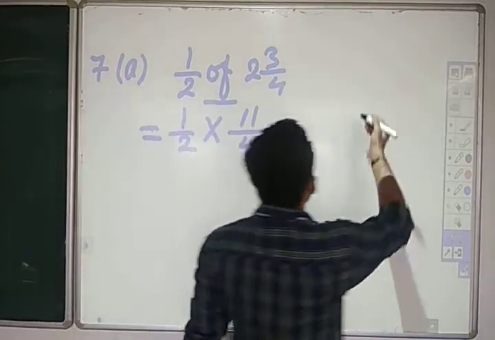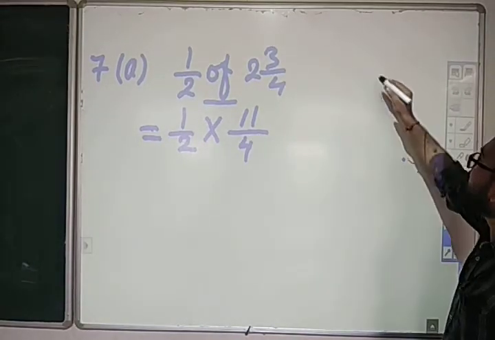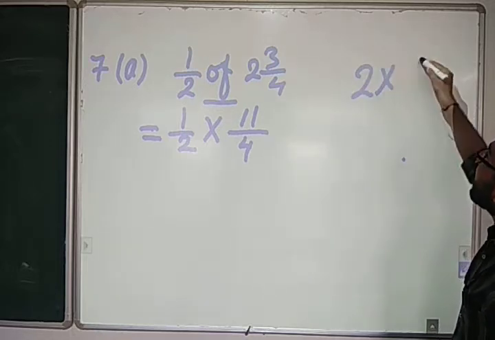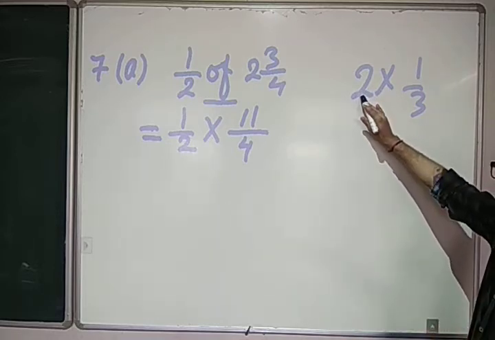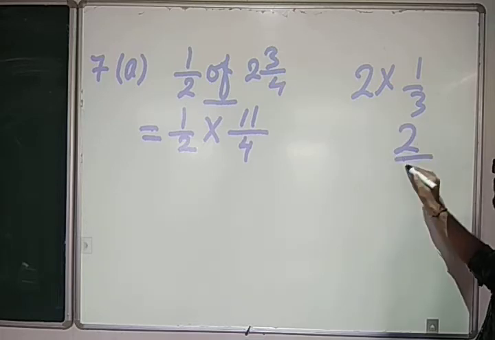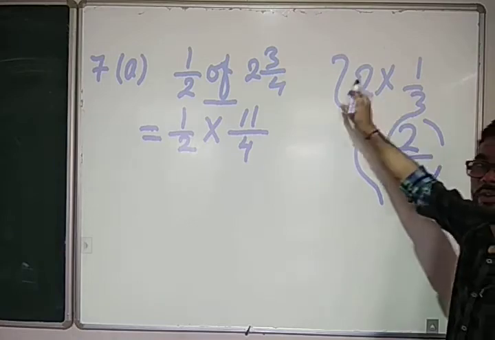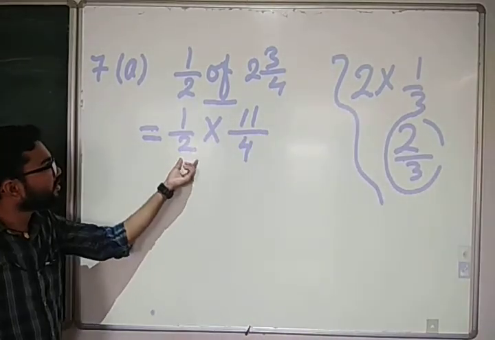Till now you were multiplying a whole number with a fraction. So what you did, you multiplied the whole number with the numerator, 2 into 1, that is 2, and the denominator stayed the same. Now here you need to multiply a fraction with a fraction.